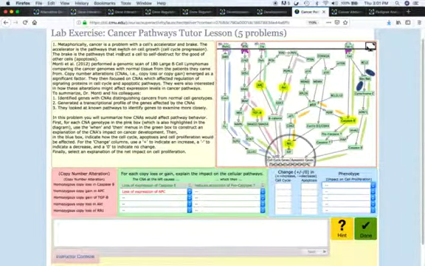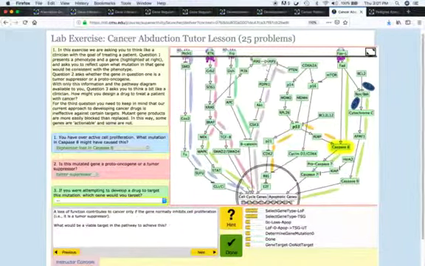After they've done the predictive or forward reasoning, then there's an abductive form of that lesson, an experimental form of that lesson, where the student is told that you have overactive, in this case, overactive cell proliferation, and they're asked what change, what mutation in this particular signaling protein could have caused that.